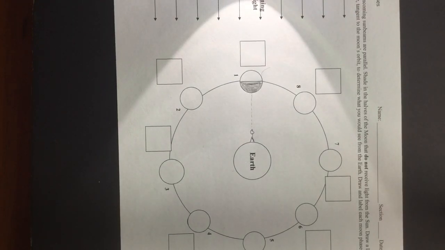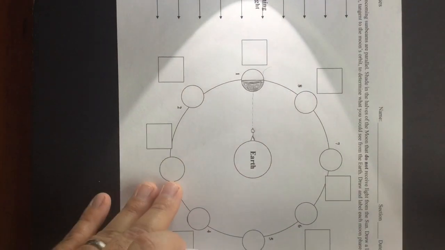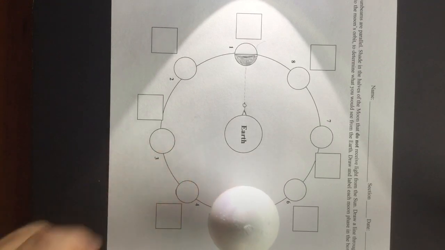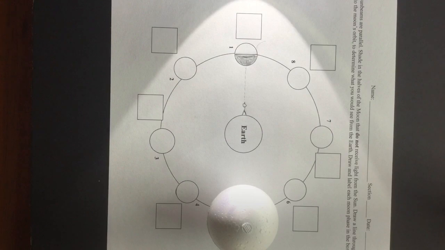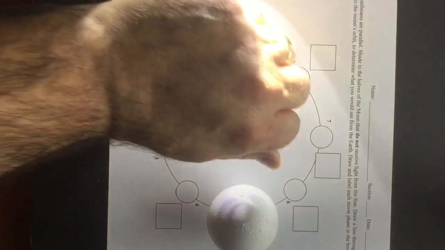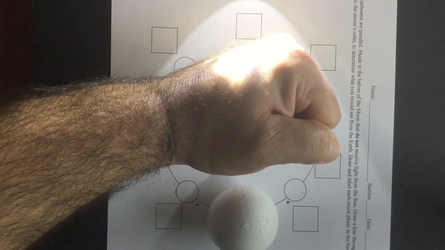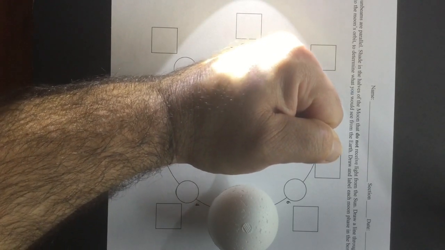I didn't mean to talk about eclipses in this video, but when a lunar eclipse happens, the moon is back in this kind of position, and the sphere of the Earth is blocking the sunlight from getting to the moon.